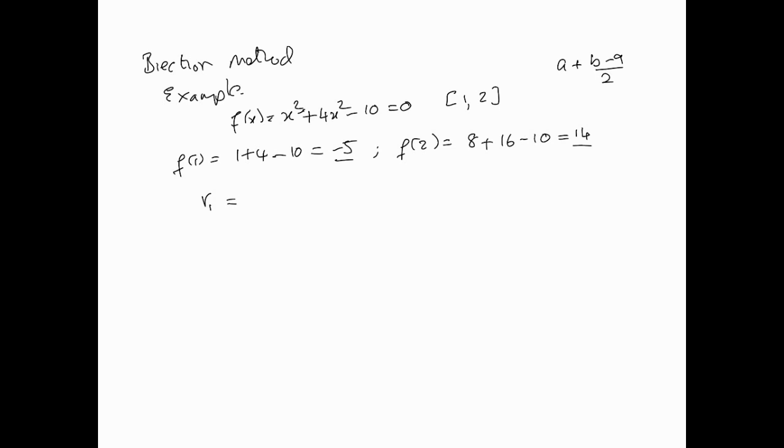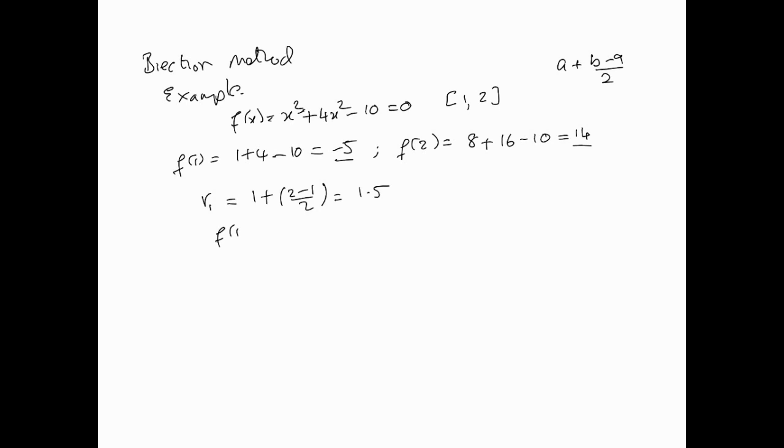So A is 1 plus, I know you can guess the midpoint between 1 and 2 is in fact 1.5, but let's see if the method actually gives us that, and you'll see it does: 2 minus 1 over 2, so it's equal to 1.5. So our R1, our first guess at the root, is 1.5.